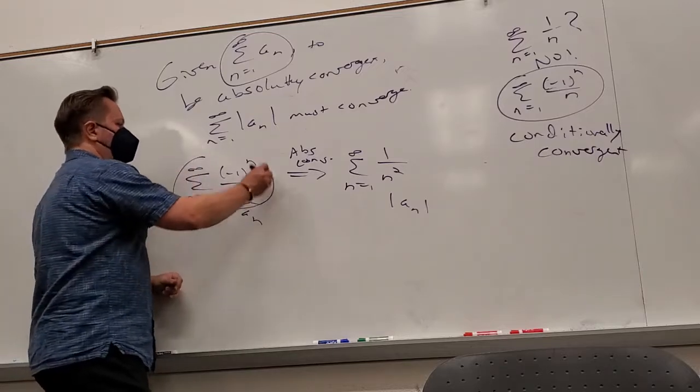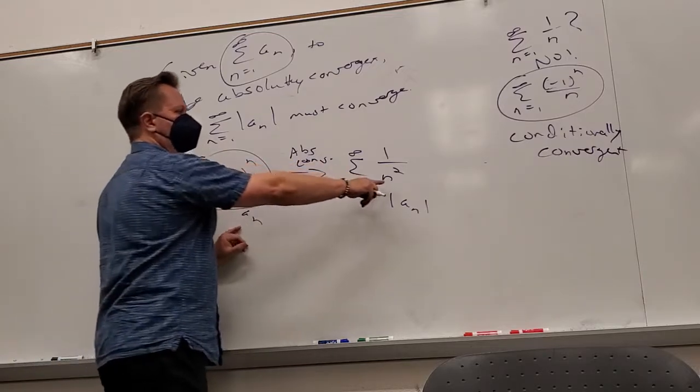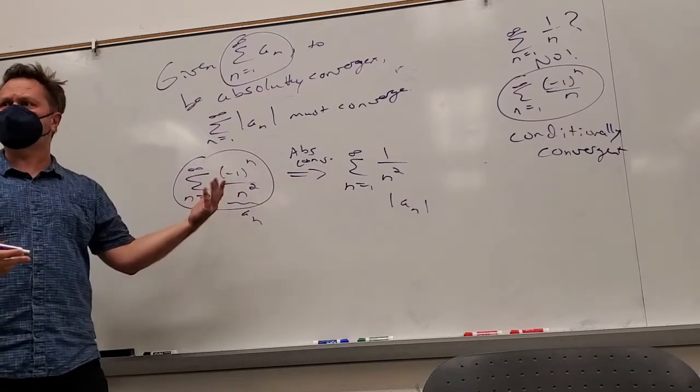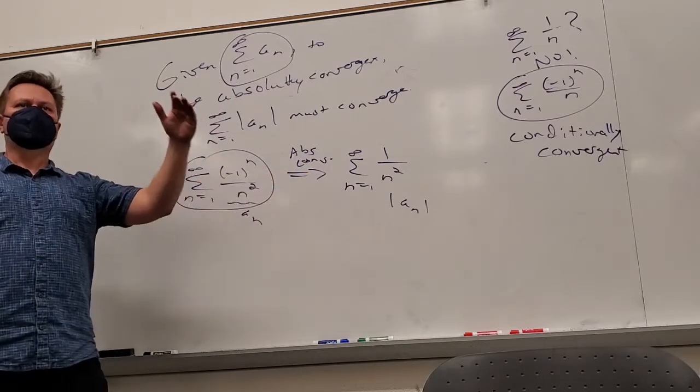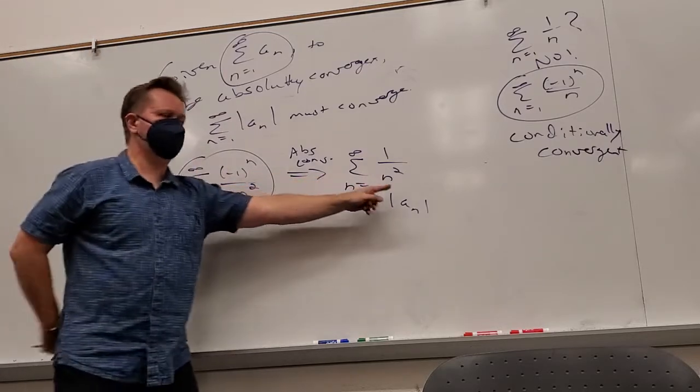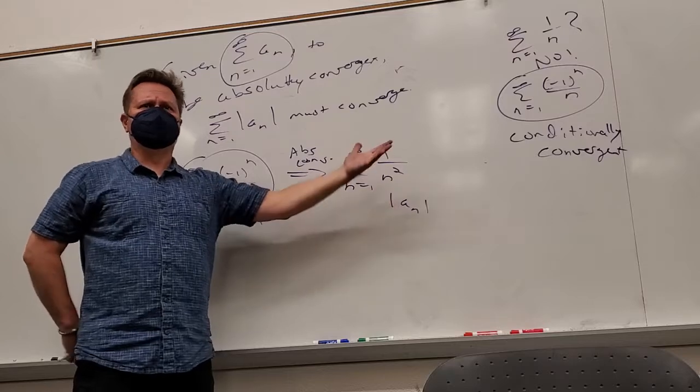You can actually do that. If I give you this problem and I say, does this converge? You can say, well, since this converges, then that converges. You don't have to do the alternating series test. Isn't that quicker? The alternating series test has three things you've got to show. Here, p is 2, greater than 1. I'm done, right?